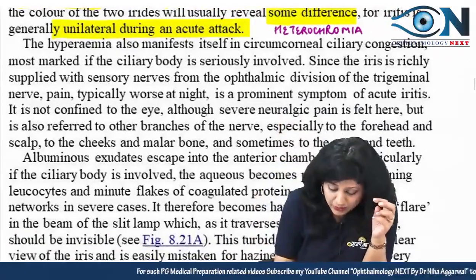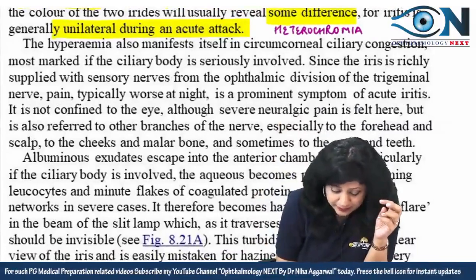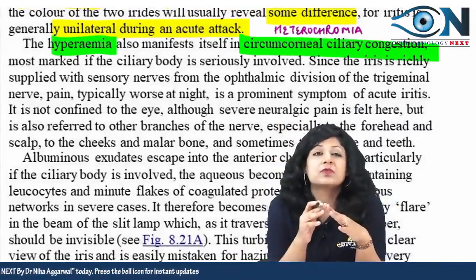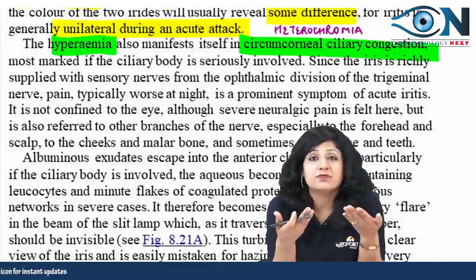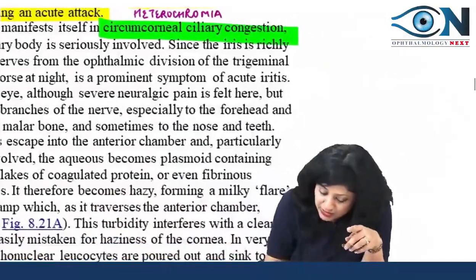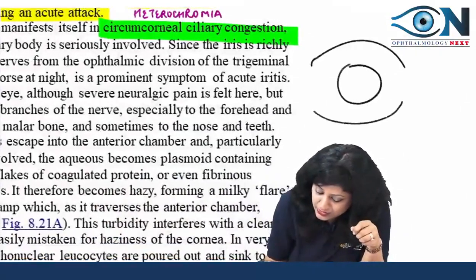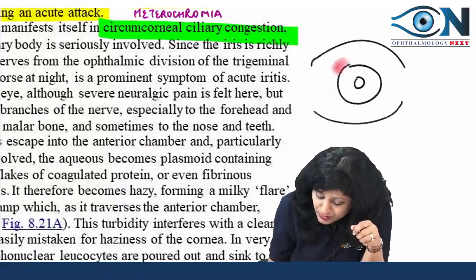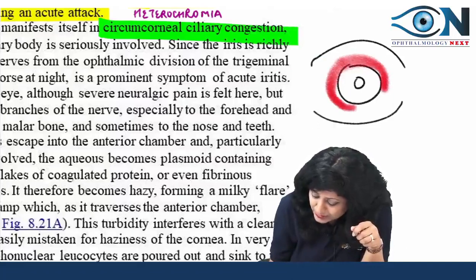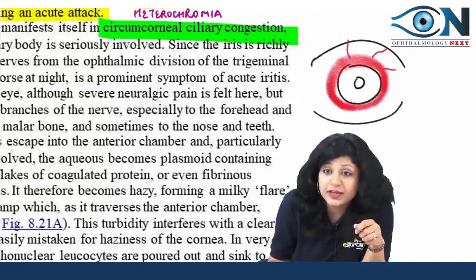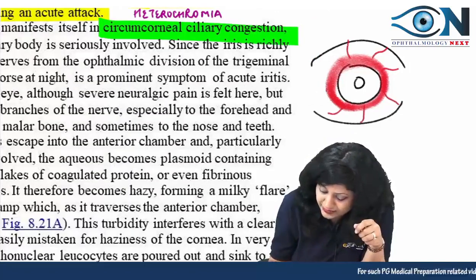The hyperemia will also manifest in the form of circumcorneal congestion, and you should know the difference between this circumcorneal congestion and the conjunctival congestion. In circumcorneal congestion, you are getting the inflammation all around this area, that is your limbus, and it is following the ciliary vessel, something like this.